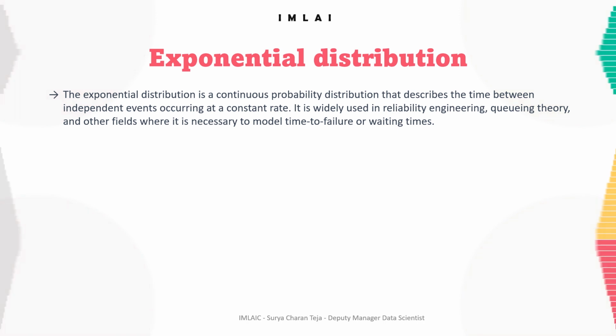I hope you are getting my point. Using the same parameter, lambda, that we used in the Poisson distribution, we can also model the distribution of the time. There, it is the distribution of the number of events occurring in a particular interval, but here we are distributing the time between the events.